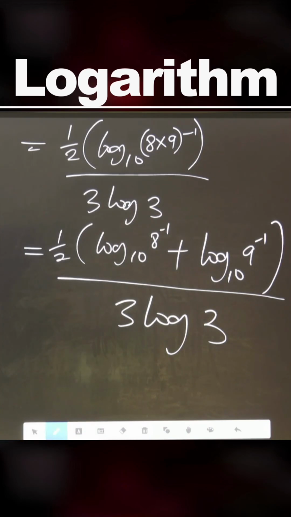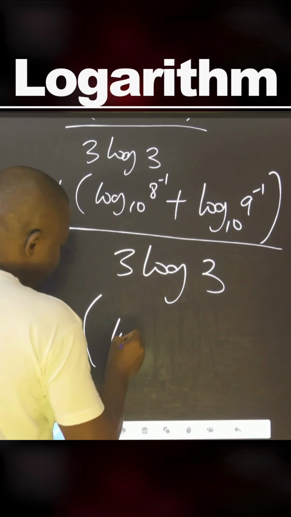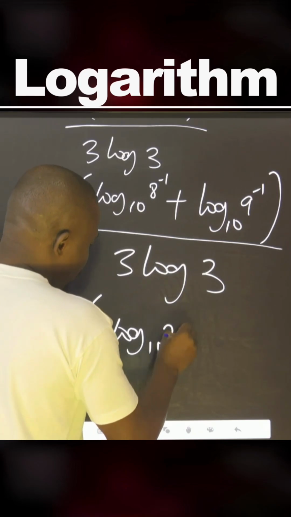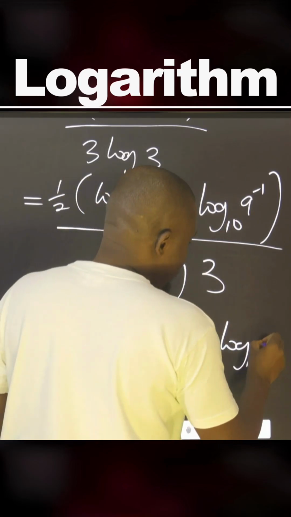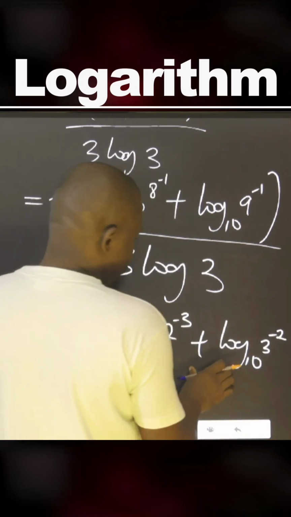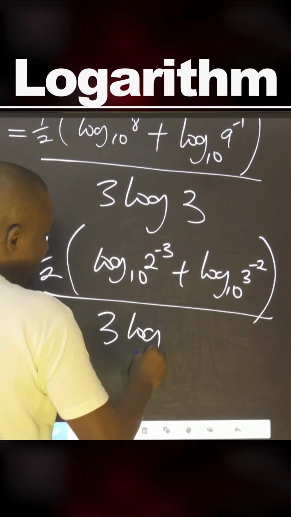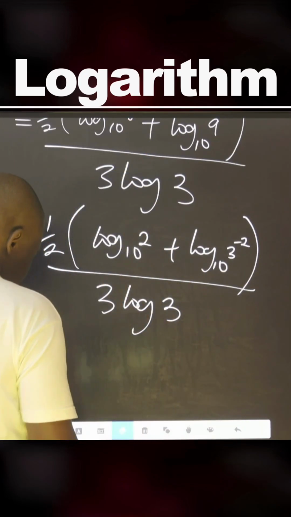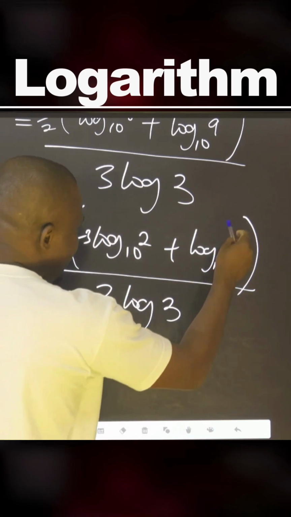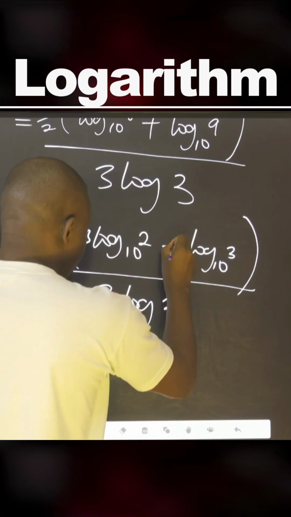Check it out. So what is this? This simply means 2 raised to power minus 3, 3 raised to power minus 2, all over this. Remember, there's 10 here. I can remove that, I put minus 3 here. I can remove this 2 to put minus 2 here.